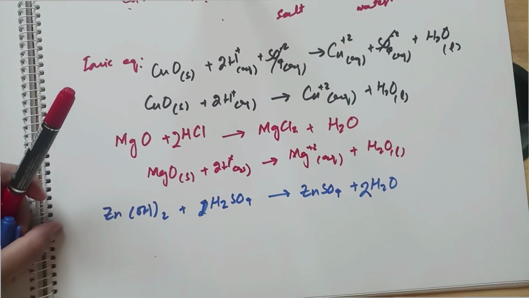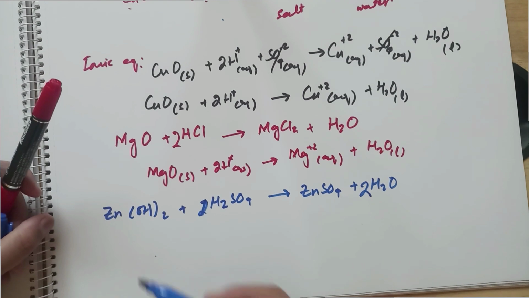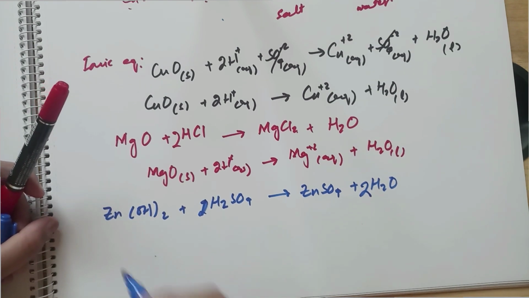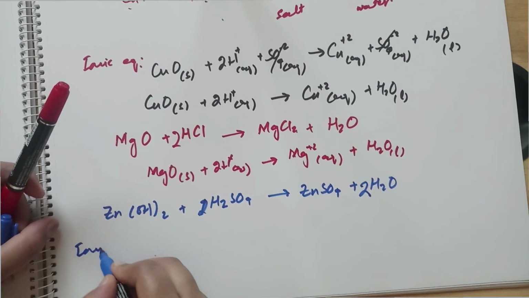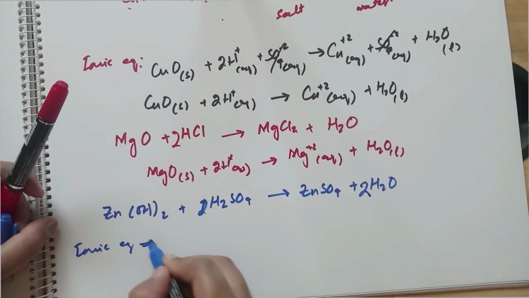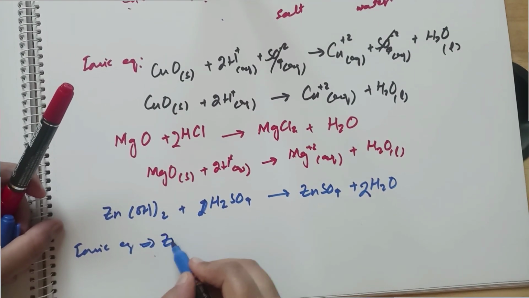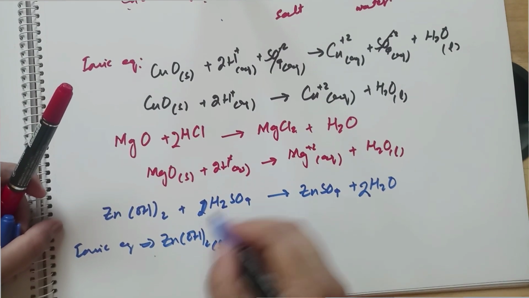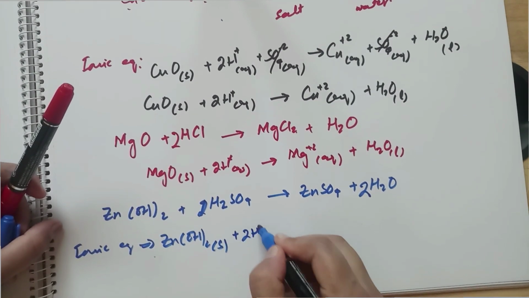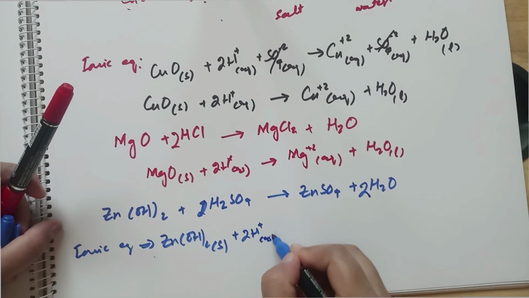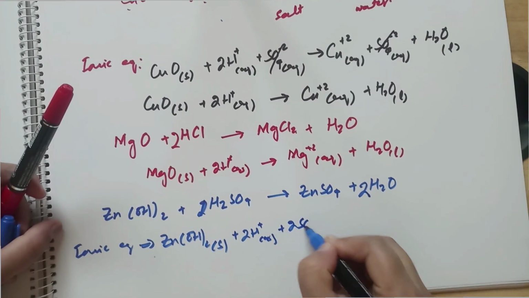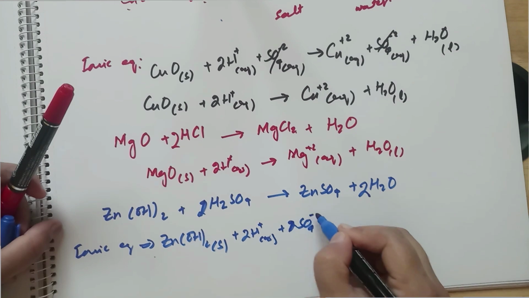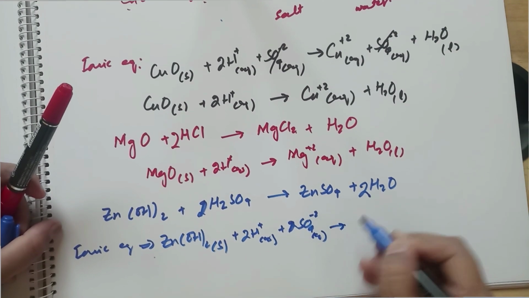And if we convert it into its ionic equation, again zinc hydroxide is insoluble in water. For the ionic equation, zinc hydroxide remains in a solid state because it is insoluble in water, and sulfuric acid dissociates into ions, that is 2 hydrogen ion in aqueous solution and 1 sulfate ion in aqueous solution, gives us zinc sulfate.